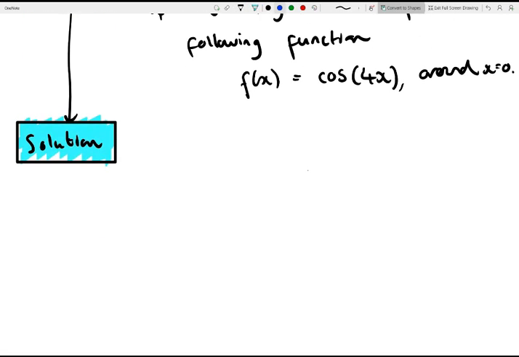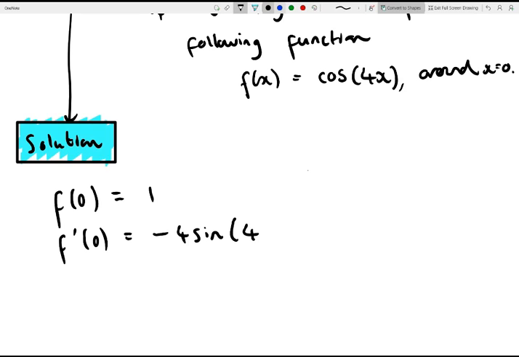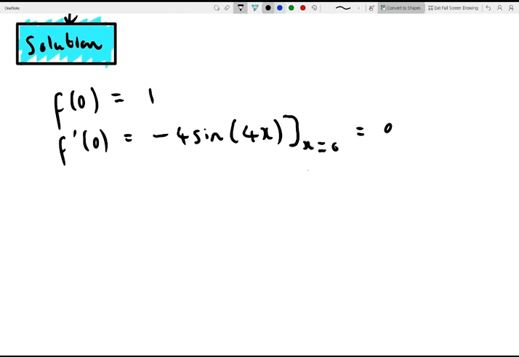is, let's define what f of x and its derivatives is at x equals 0. So f of 0, cos of 0 is of course 1, and the derivative of f at 0 is minus 4 sine 4x evaluated at 0, which is of course 0 because sine of 0 is 0.